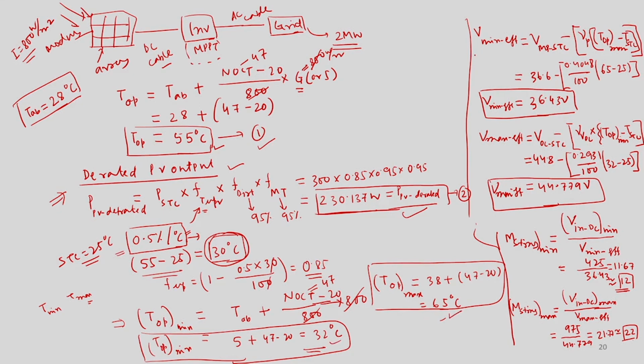Then we calculated V minimum effective and V max effective, and the minimum and maximum number of modules to be connected in series, which are found to be 12 and 22. Okay.